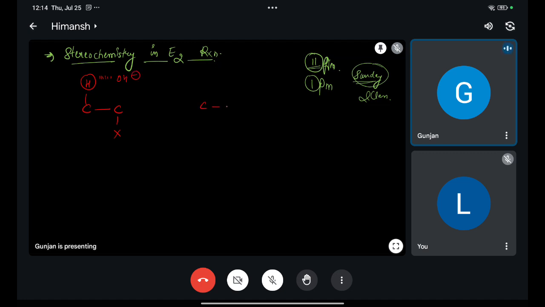Otherwise, if it attacks parallel to this hydrogen, there is repulsion of the base. The incoming base will do the repulsion.